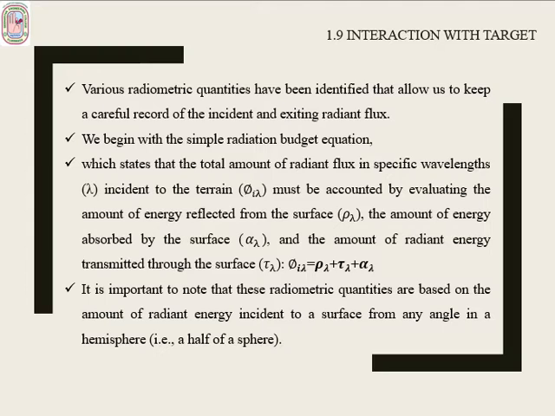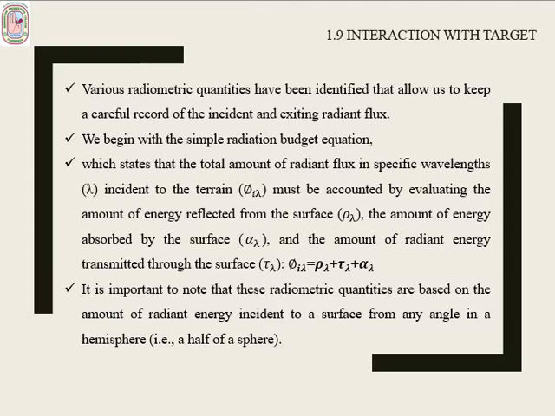So, the total radiant flux incident to the terrain, phi I lambda, is the summation of all these values. It is important to note that these radiometric quantities are based on the amount of radiant energy incident to the surface from any angle in a hemisphere, that is, the half of a sphere.